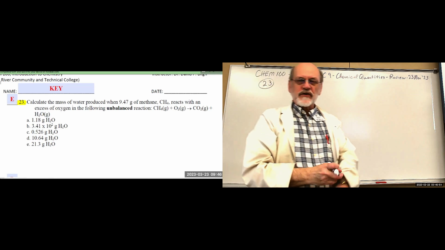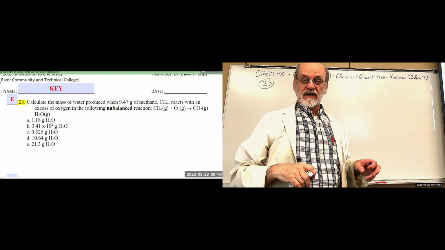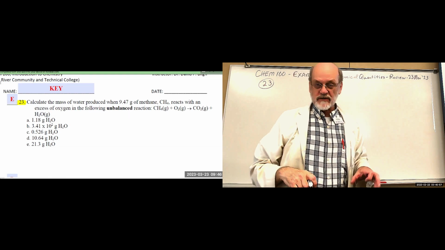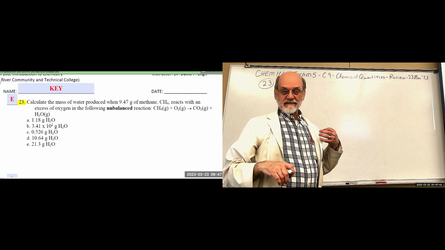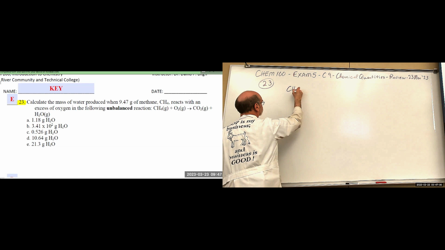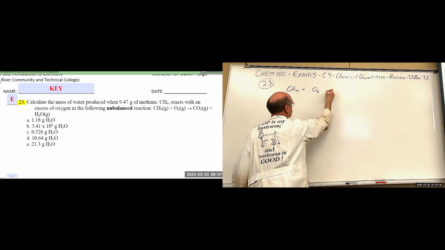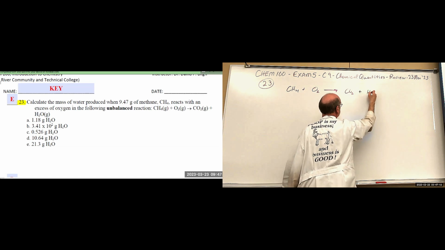Calculate the mass of water produced when 9.47 grams of methane reacts with an excess of oxygen in the following unbalanced equation. So we're going to combust methane in excess oxygen. And it's going to produce carbon dioxide and water.